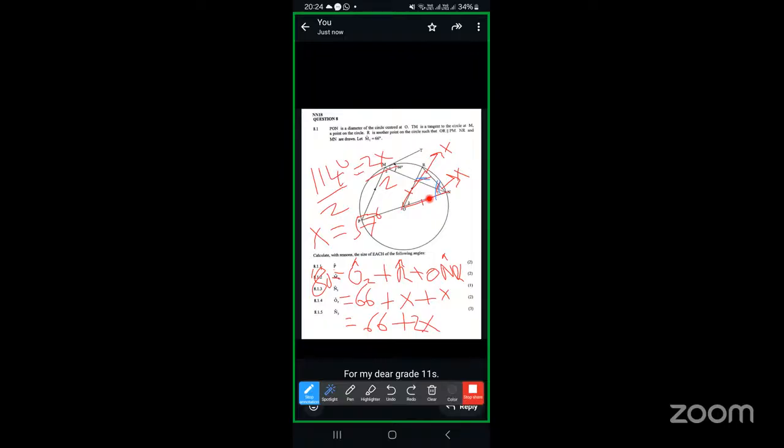Therefore, angle N2 is going to be the whole of N minus angle N1, which is that whole 57 minus the size of this angle 1 that we found here on question 8.1.3.